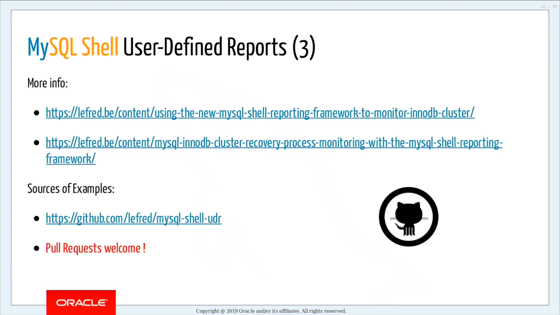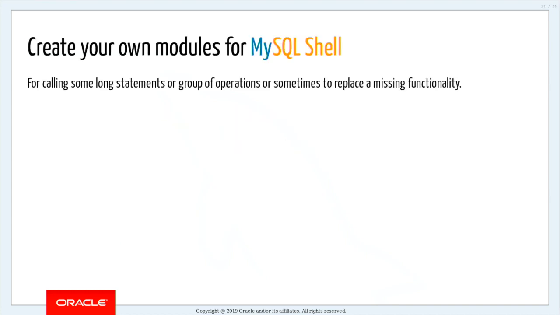And also the source code of the example I give and other ones are in my GitHub repository here. I've created already several useful reports. And if you know some very useful reports that you are using and you say, oh, this would be nice to have, pull requests welcome. No worries. So share your reports with the community. We enjoy that.